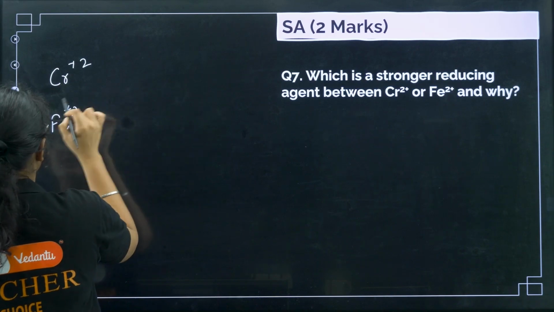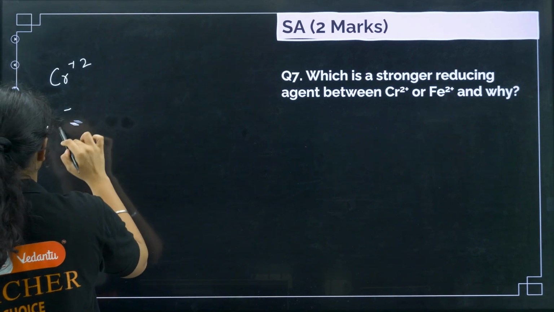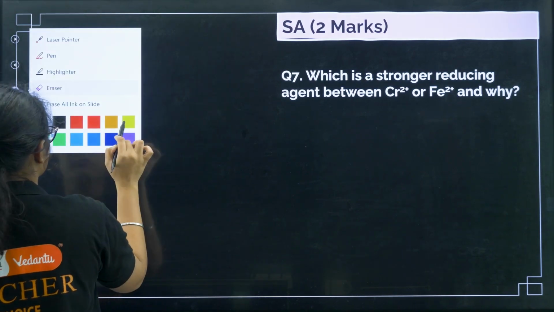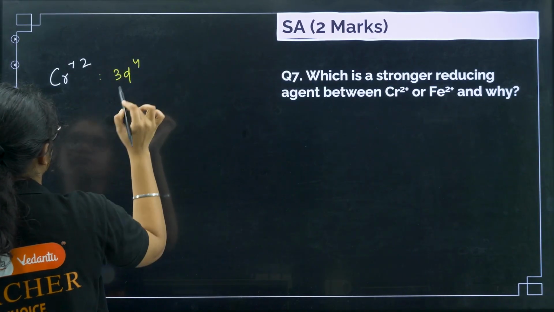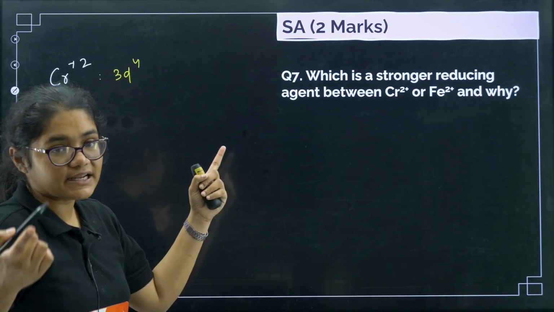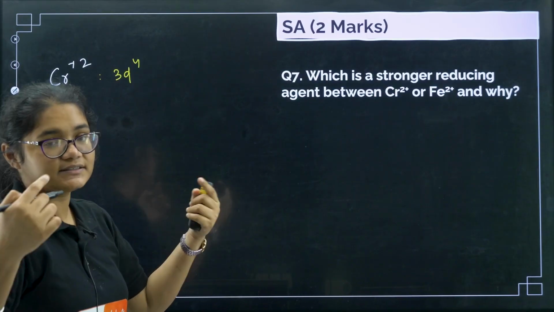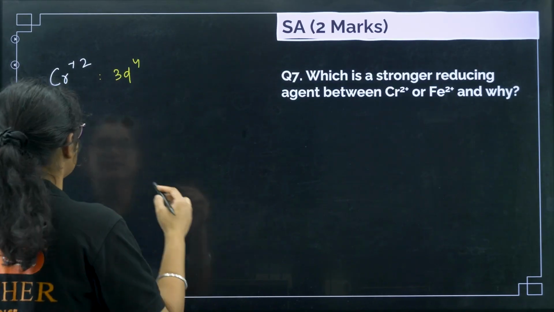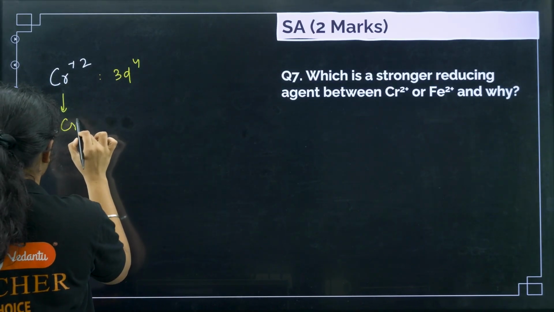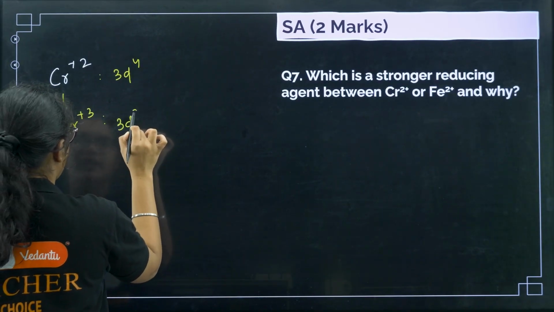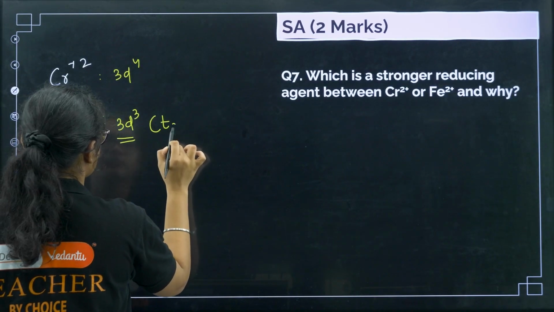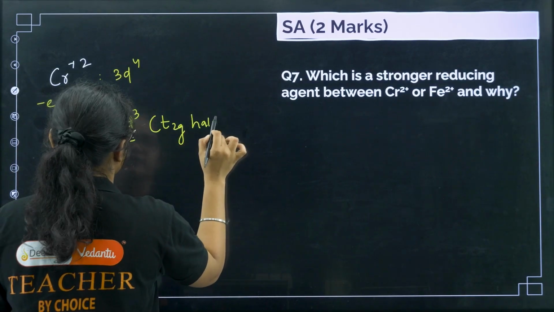For Cr2+, what is the electronic configuration? 3d4, right? If it is a reducing agent, it will reduce others, itself it will get oxidized. Oxidized means there will be loss of electrons and it will become Cr3+, right? Configuration is 3d3, and if you remember, this is the t2g half-filled configuration.